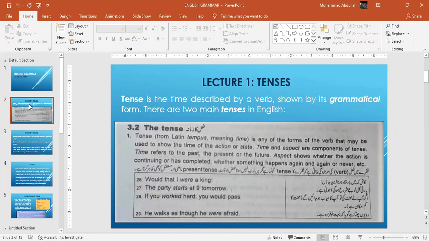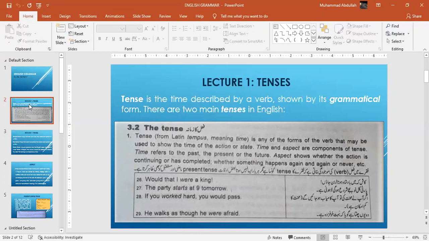Time and aspects are components of tense. Time refers to the past, the present, or the future. An aspect shows whether the action is continuing or has completed, or something happens again and again or never.